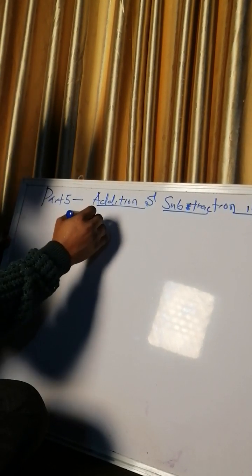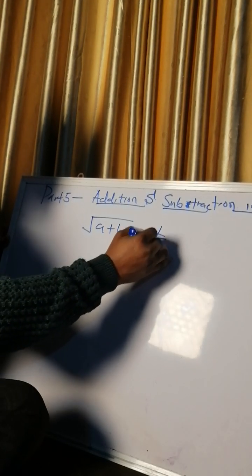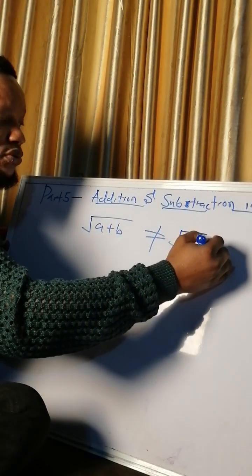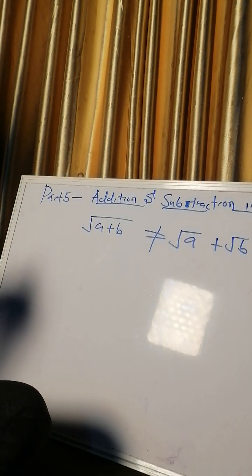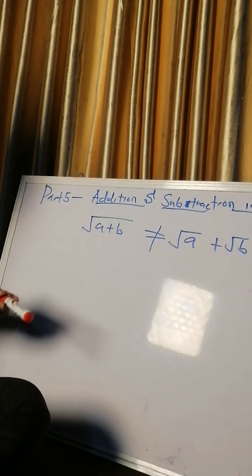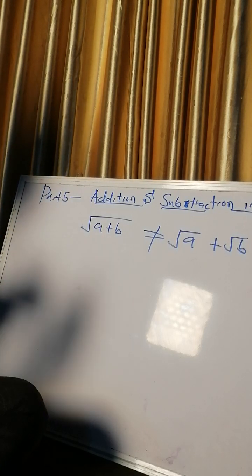In part 3 of my video, part of the condition that's valid and invalid, at either part 3 or part 4, I said the square root of A plus B is not equal to the square root of A plus the square root of B. Now, the condition behind addition and subtraction in SURD is that they must be of like sort before you can add them.